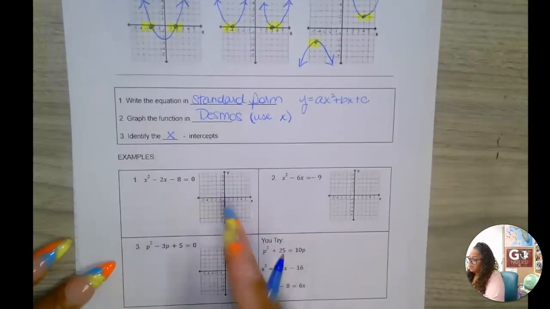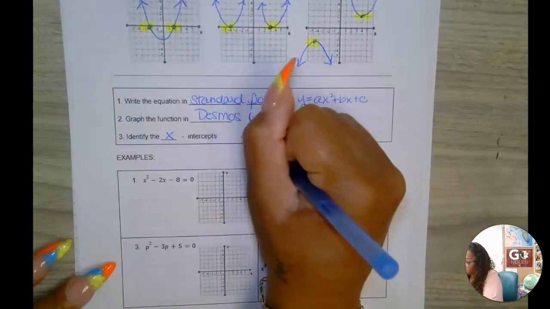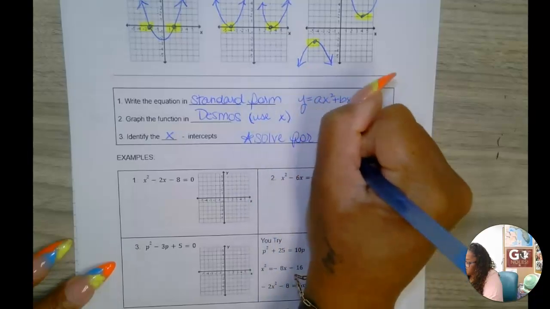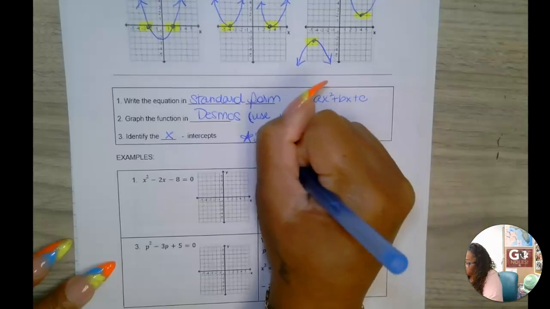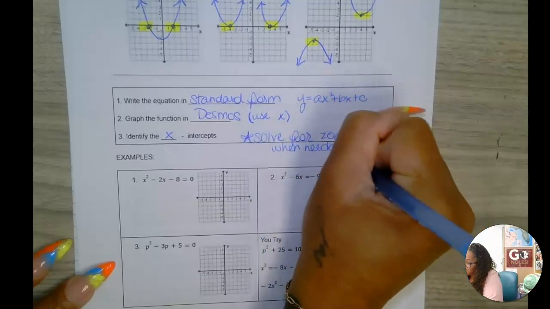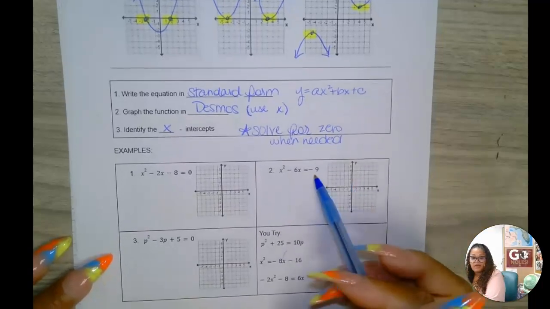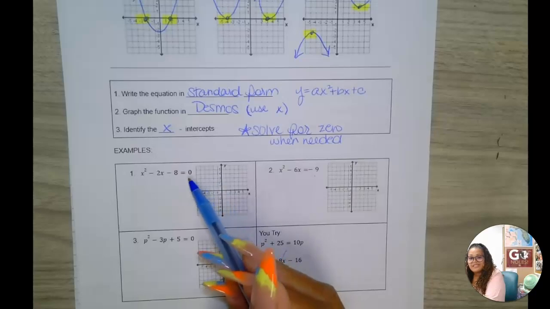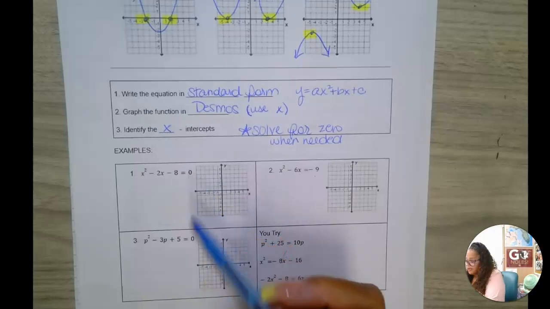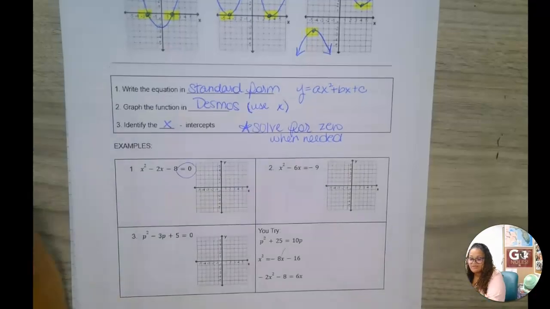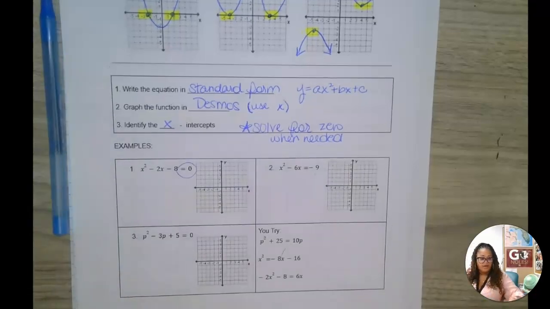And then we need to solve for 0 when needed. For example, this one I would have to solve for 0 because it doesn't have a 0 here. I have to visibly see the 0. But remember, this part does not get typed into Desmos. I saw some of you trying to do that last week. That's not what we're doing, okay?